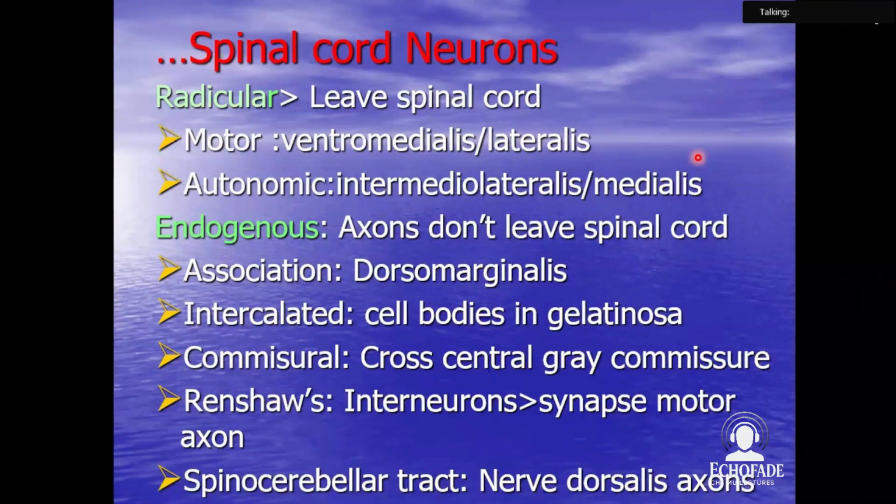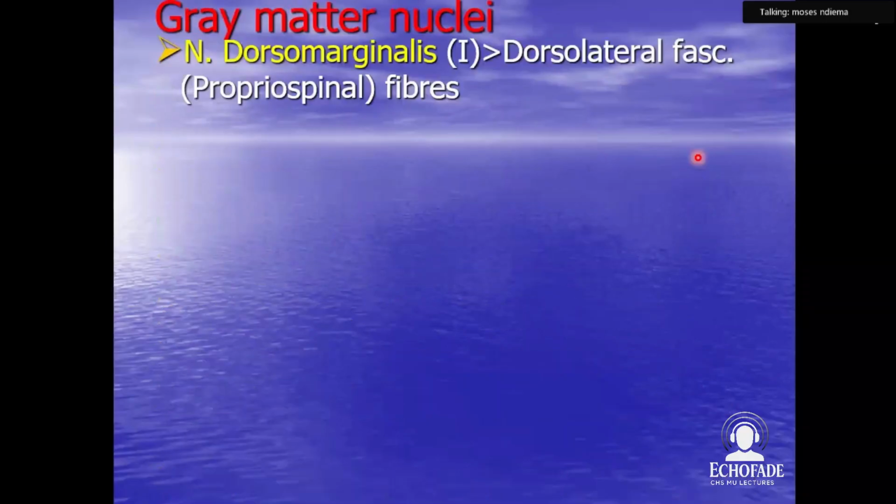Spinocerebellar tracts, those ones are from the spinal cord to the cerebellum, and these ones are mainly from the dorsal part. For the gray matter, we have the nucleus with different names, several types of nuclei. Let me just not go into specific names, but the nuclei represent origins of the fibers that are going to either ascend or descend.